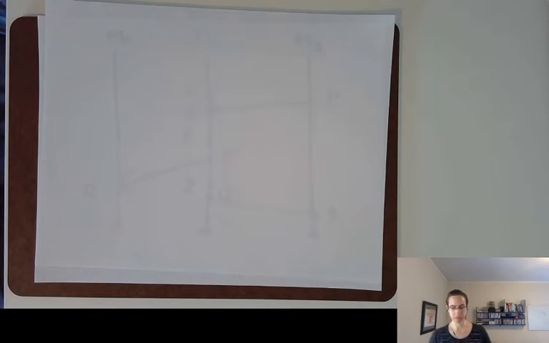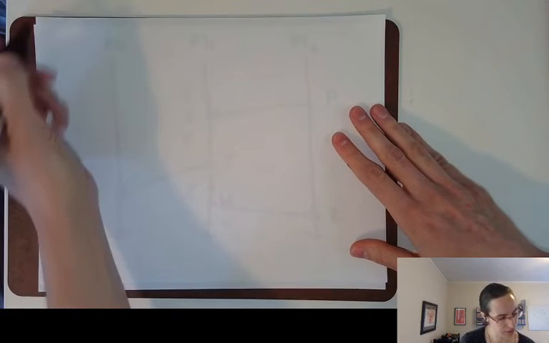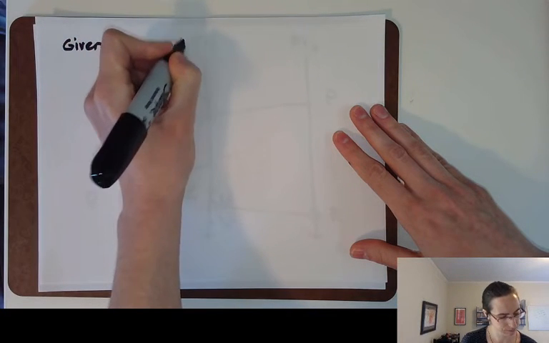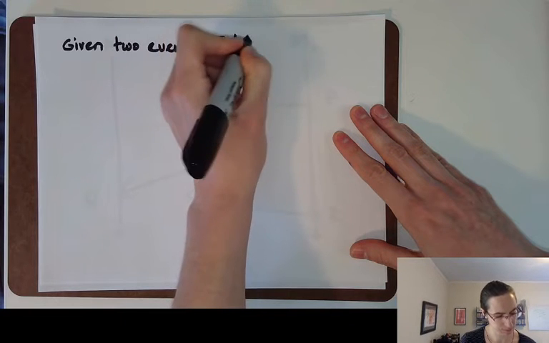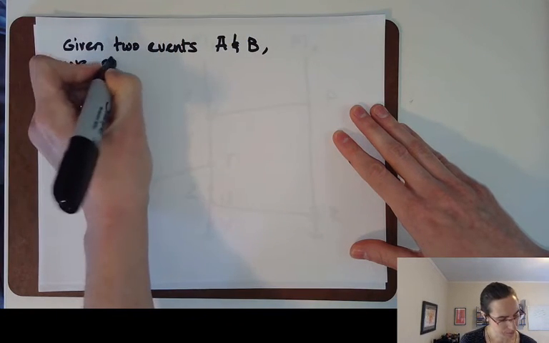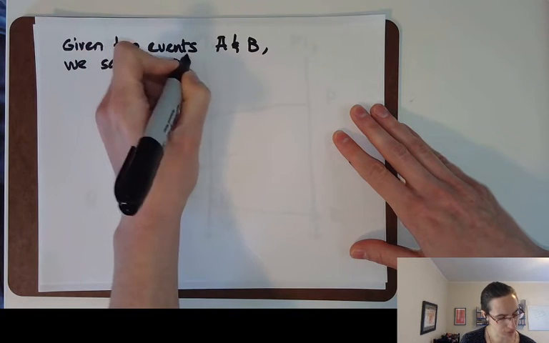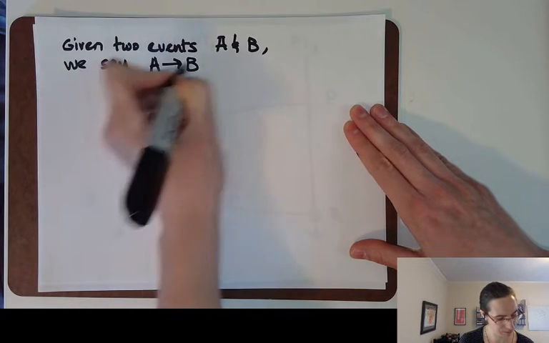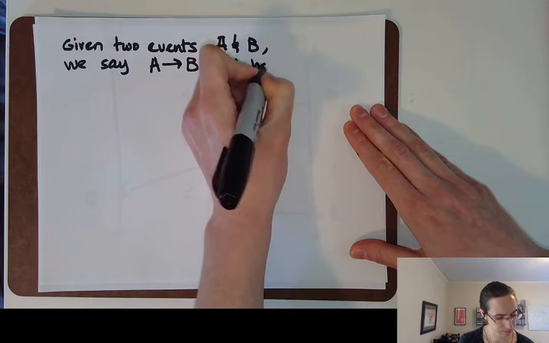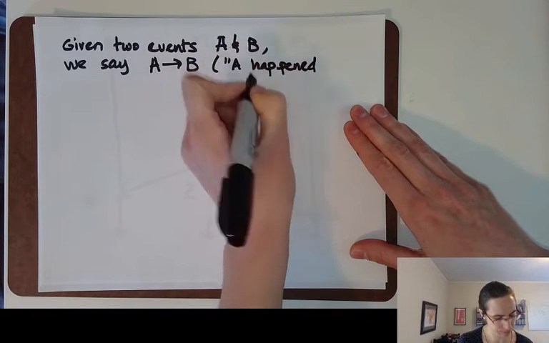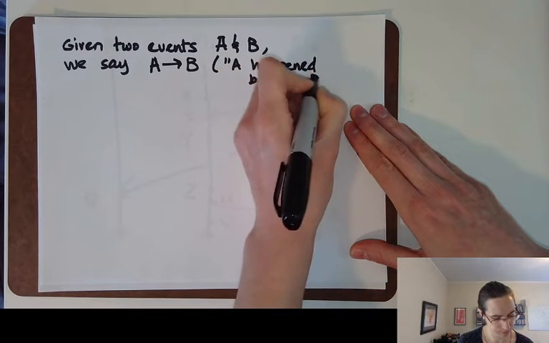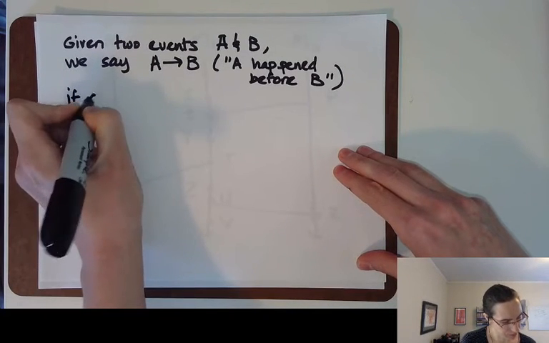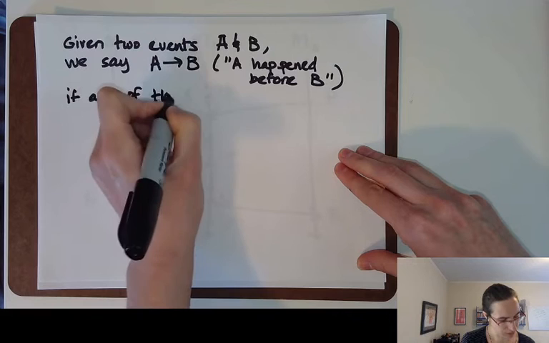So we want to say, given two events, A and B, we say A happened before B. Recall that this notation here of the arrow, A arrow B, is just pronounced A happened before B. We say that A happened before B if any of the following is true.